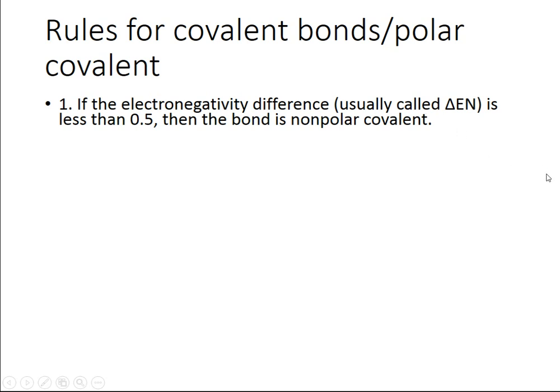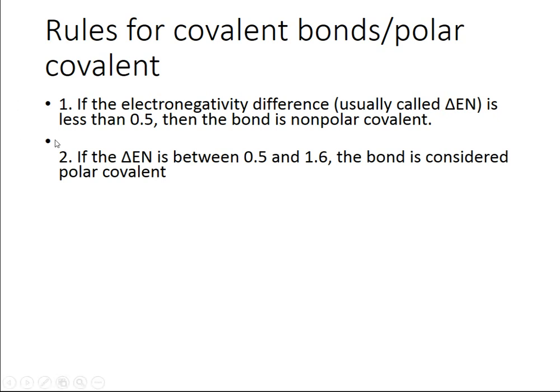So if you subtract the electronegativities of the two elements and you find it is either 0.5 or negative 0.5, the bond is a covalent bond. But now if you do the subtraction and you see the change in electronegativity is between 0.5 and 1.6, that bond is considered a polar covalent chemical bond.